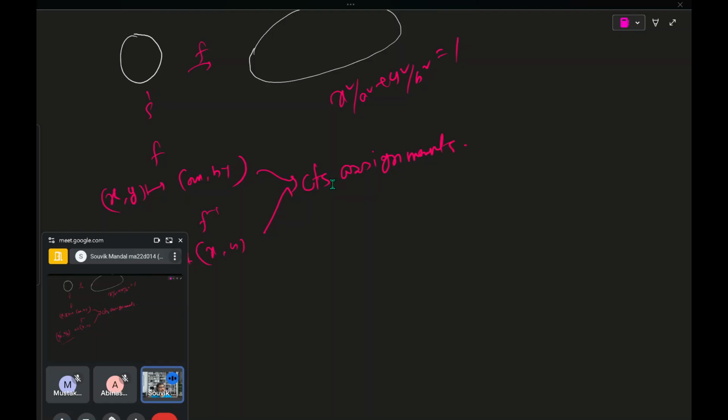So this tells us that f is a homeomorphism. So this is one way of doing this problem.